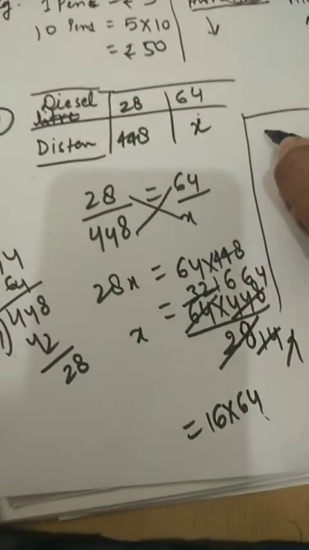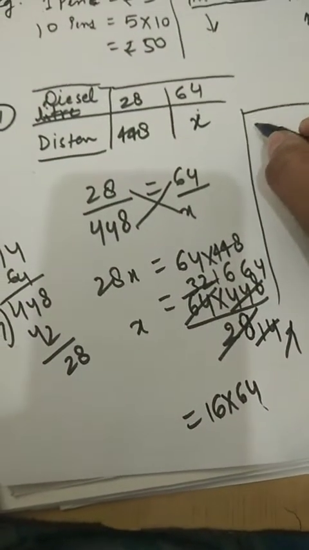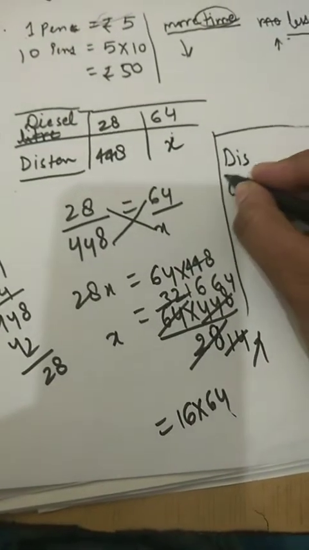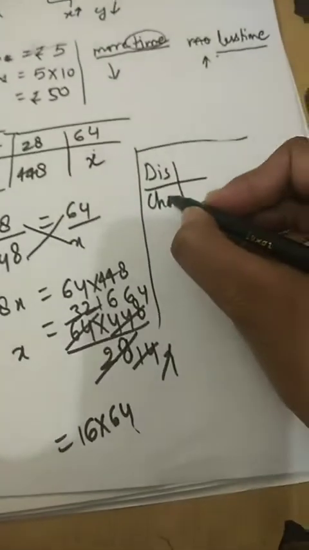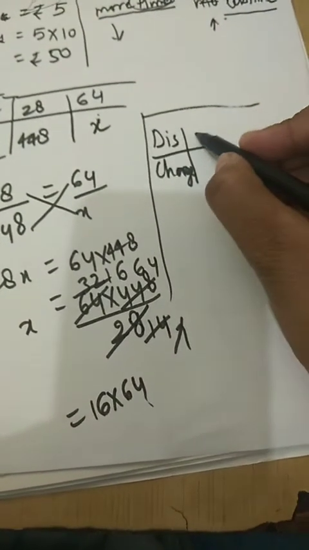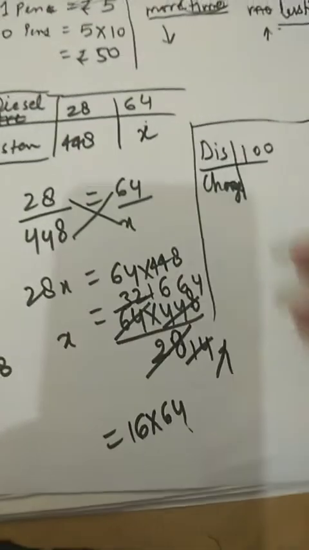Again we will make a box of distance and charge. We'll make two boxes, distance and charge.